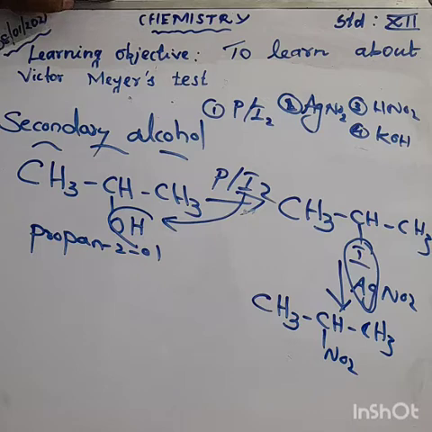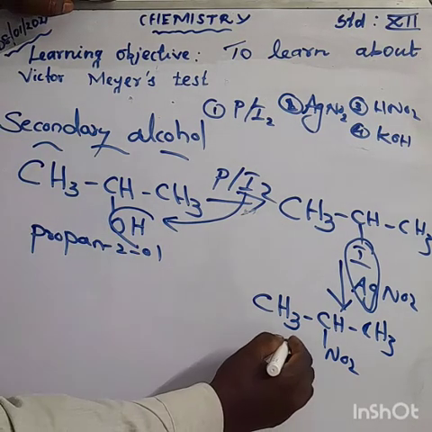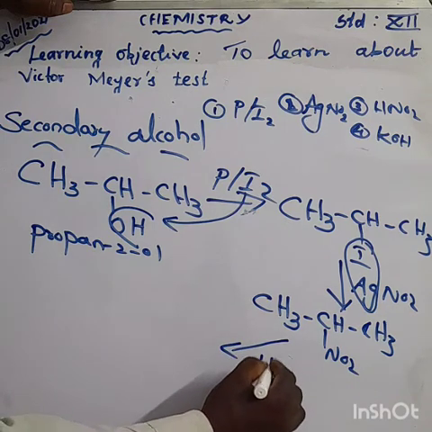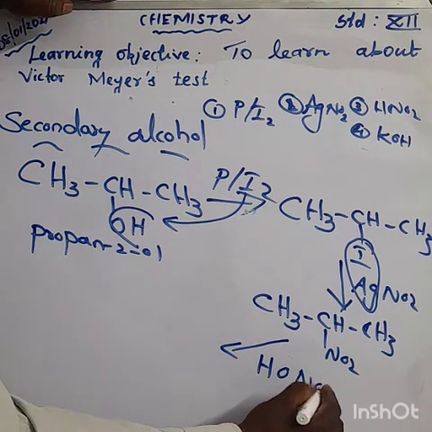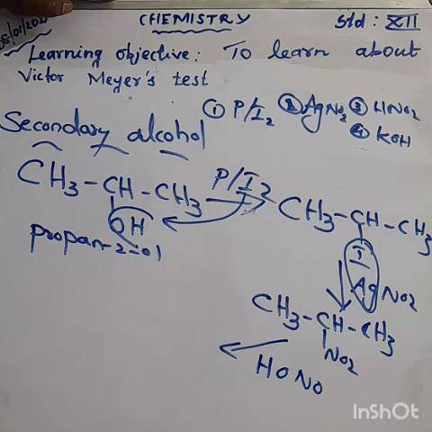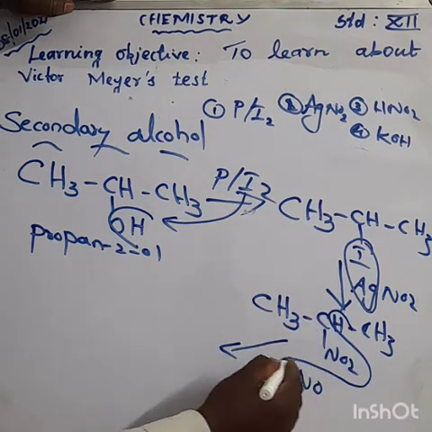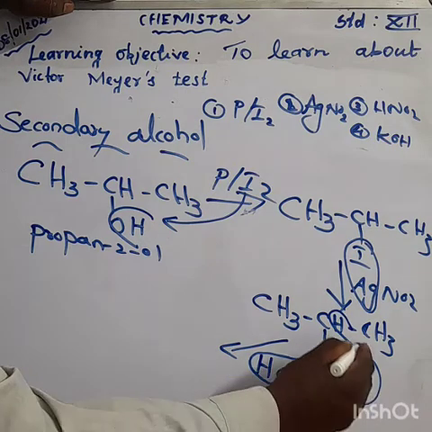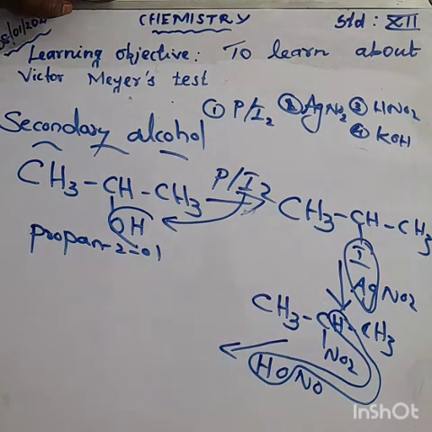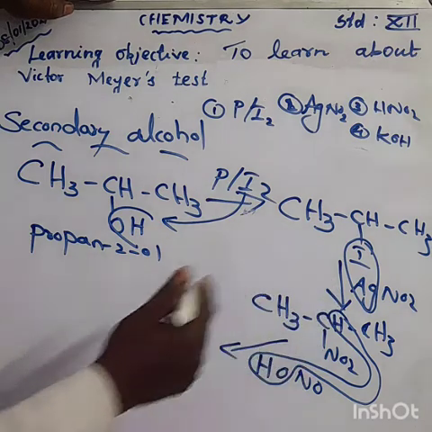What's the third step? We take it as HONO, that is HNO2. Clear? So what are the possibilities here? The hydrogen combines with OH to form water. So the NO will be attached there.